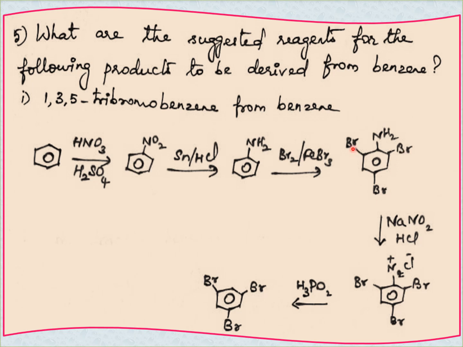Recently we saw in the bromination examples that aniline gives tribromoaniline, a white solid. On treatment with sodium nitrite and HCl, the amine group is converted into a diazonium salt, which on treatment with hypophosphorous acid on heating, the nitrogen is eliminated as nitrogen gas. So at last we obtained our targeted product, tribromobenzene.